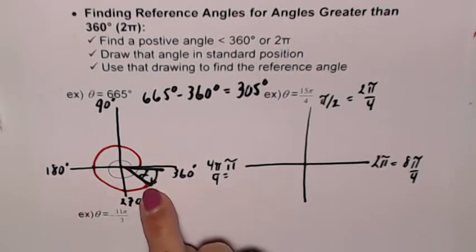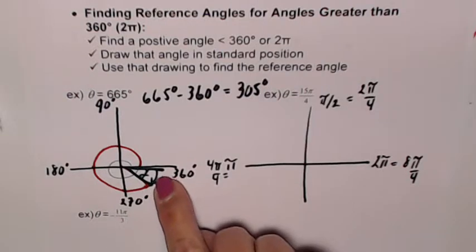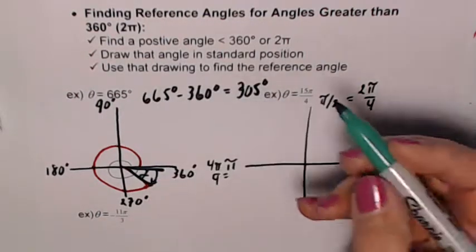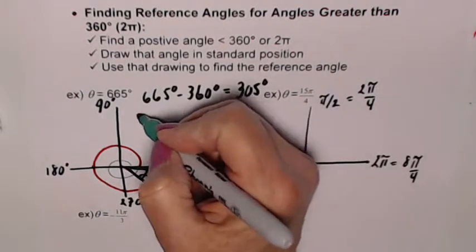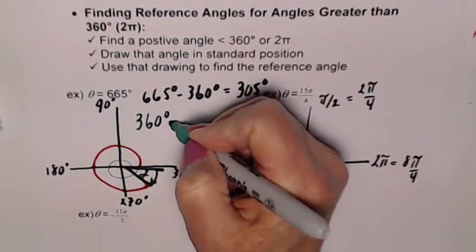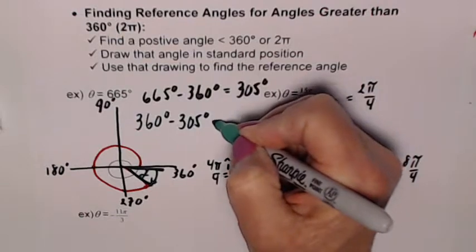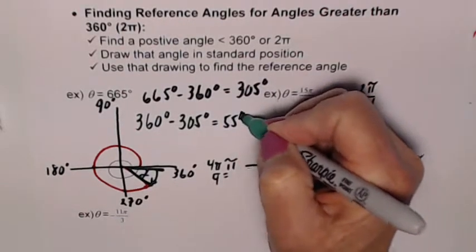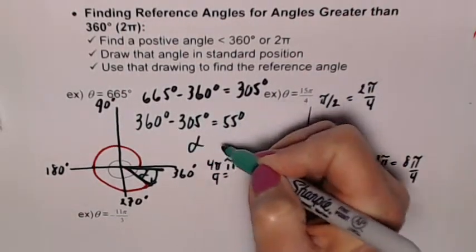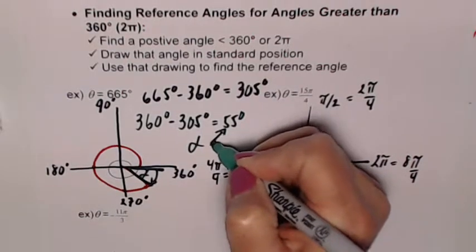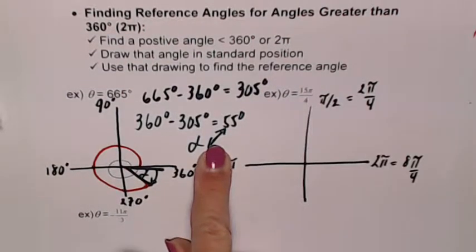So if we back out the 305 that we made for our angle, we'll find this alpha here. So alpha is going to be 360 degrees minus our 305 degrees to give us 55 degrees. So this is our alpha here, 55 degrees.